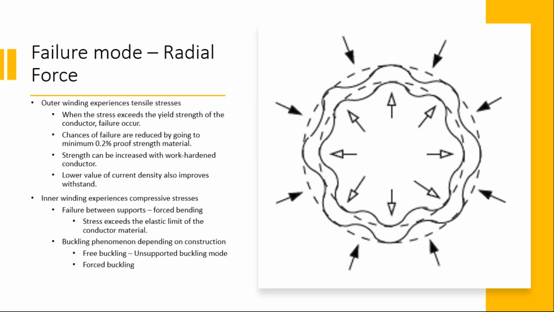So it's a very important point, because when we design a transformer, we design for lower eddies, and we reduce the conductor cross section of each strand within the winding. And when we do that, it weakens the strength against short circuit. So it's a give and take.